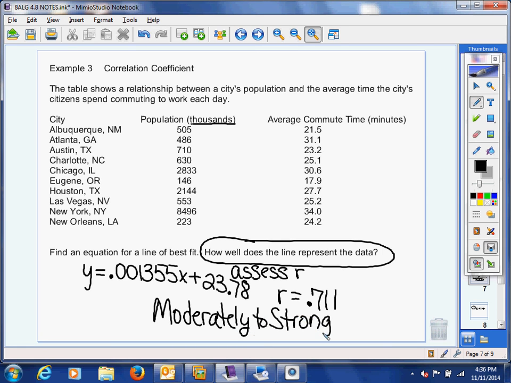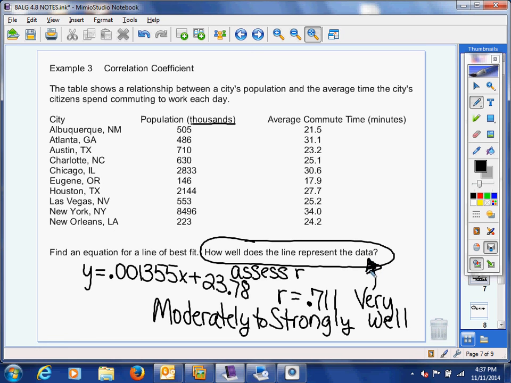And the book actually, since they're asking how well, you could say very well. This correlation coefficient indicates that this line represents the data very well. The closer to 1 that the number is, that your correlation coefficient is, the stronger the correlation is. So this line does represent the data very well, okay?